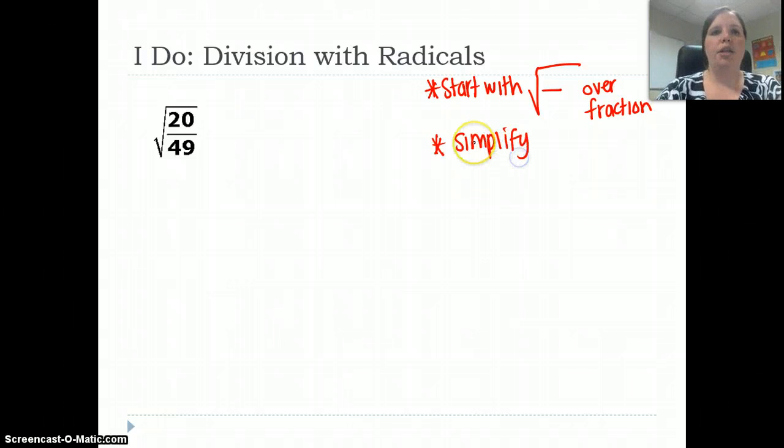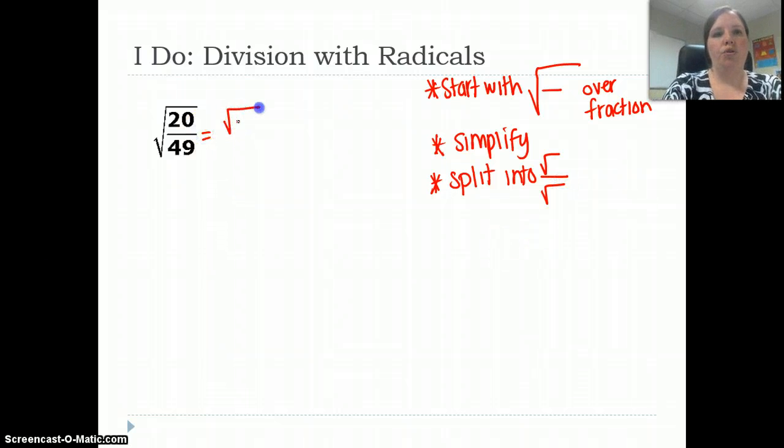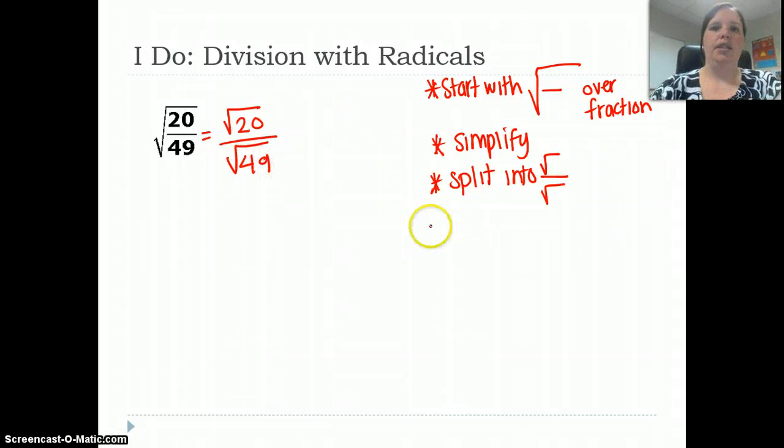Now here, 20 over 49, those two numbers don't have any factors in common. If there's no simplifying that can happen, then you want to split into a root on the numerator and a root on the denominator. So root 20 over root 49, and simplify there.